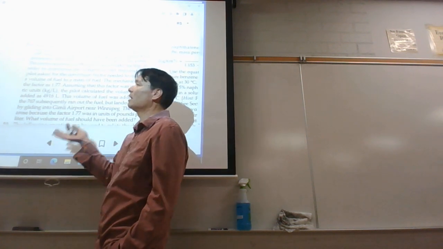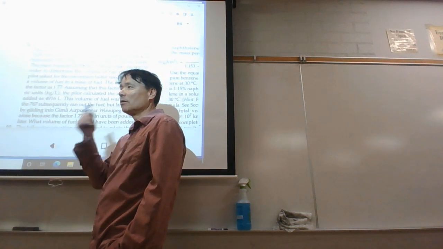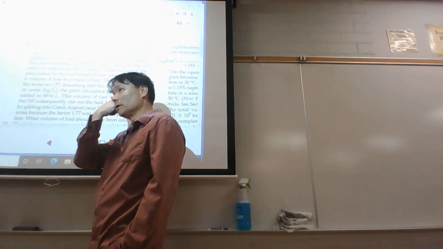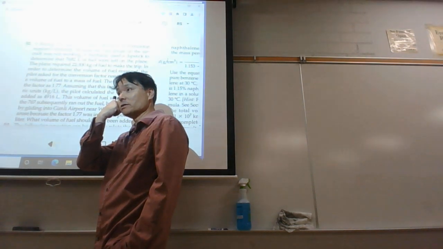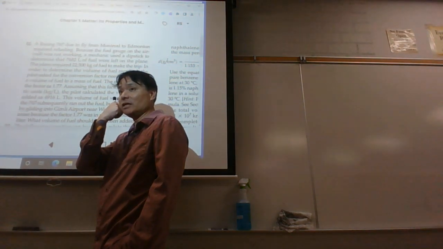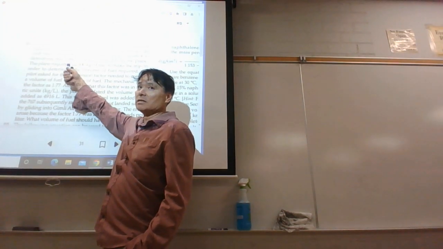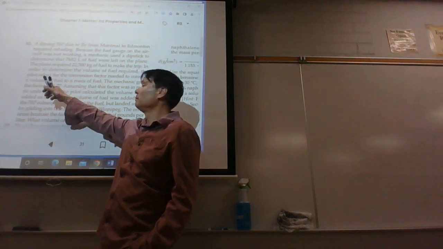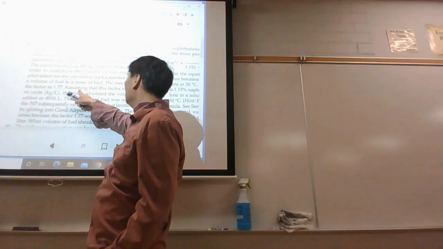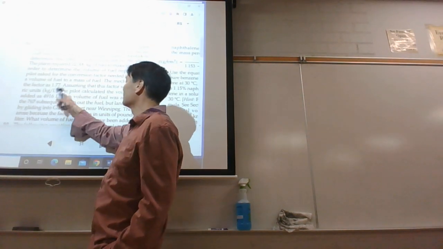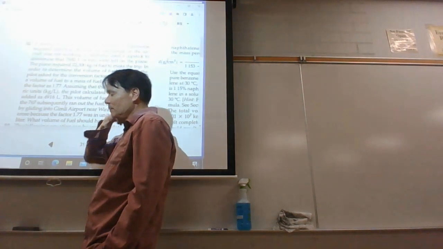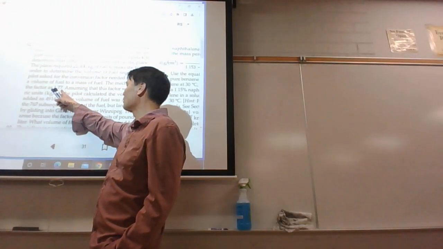And so here they care about it. I hope they care about it, because I hope they would determine what the temperature is and then figure out how many gallons or how many liters of fuel they need. Because there it would make a difference. Assuming that this factor was in metric units, okay, this problem is different because there are no units here. What is that, grams per milliliter?